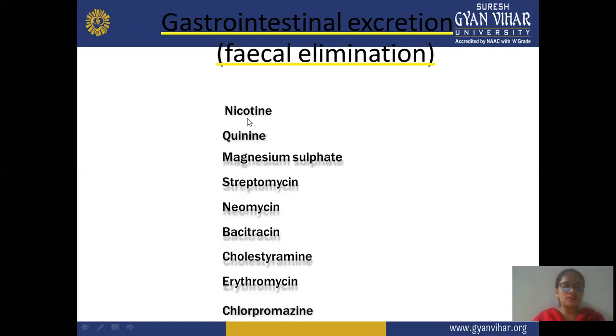Examples of drugs are nicotine, quinine, magnesium sulfate, streptomycin, neomycin, bacitracin, cholestyramine, erythromycin, and chlorpromazine. These are majorly drugs excreted by the GIT route, mainly some antibiotic or antifungal type drugs.